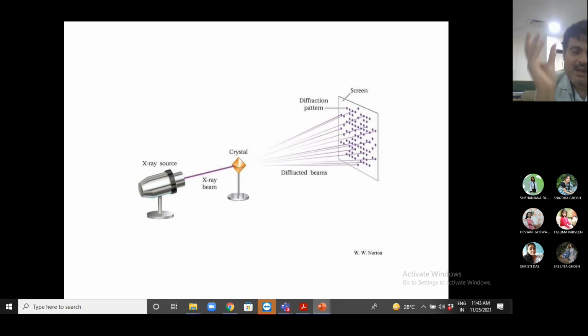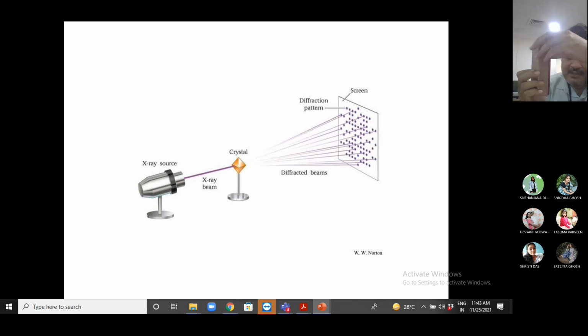After we get this arrangement, we slowly rotate this crystal. Suppose in one condition the lattice planes are at a 90-degree angle, perpendicular to the X-ray beam, and then we slowly rotate it.